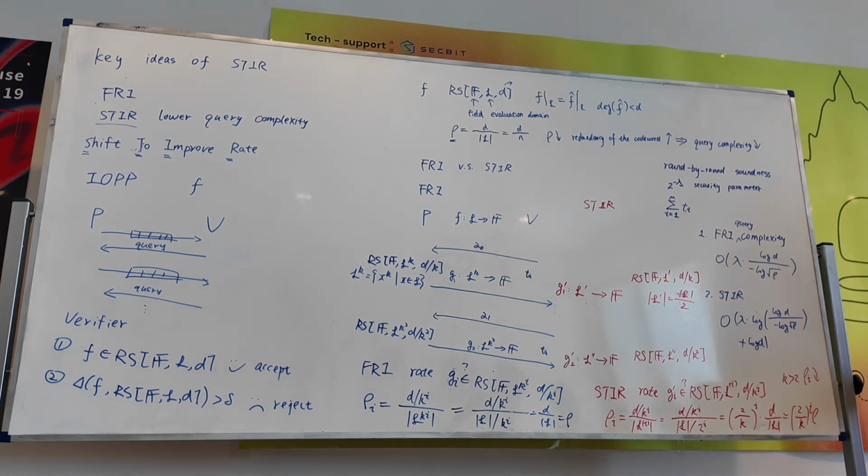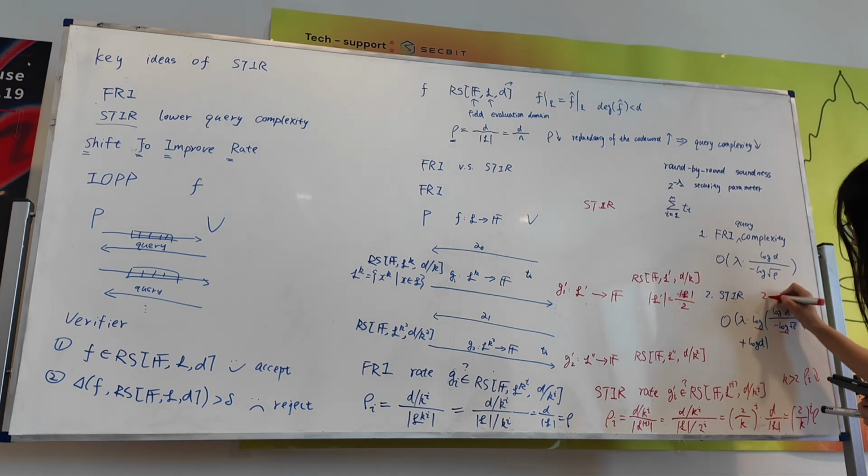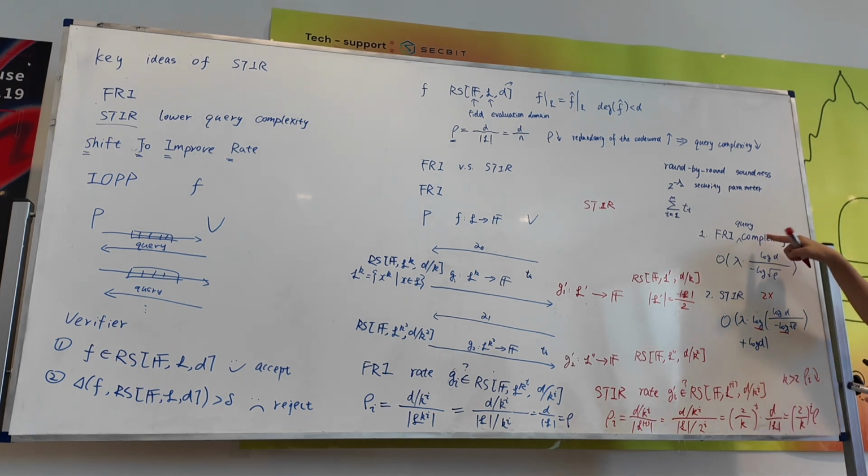We can see that in STIR the main term is log of log d, but in FRI it is log d. So STIR has lower query complexity. And in the paper, they ran an experiment, and STIR is about two times faster than FRI. Okay, this is the key idea.